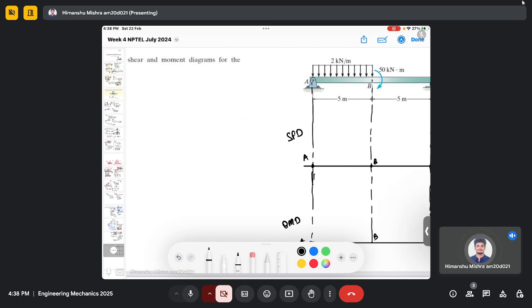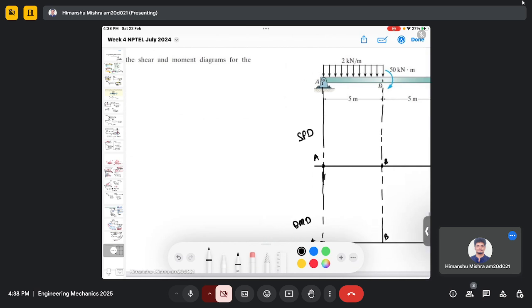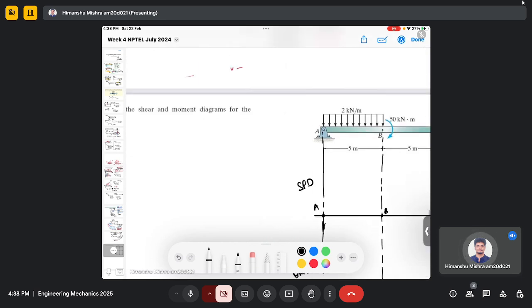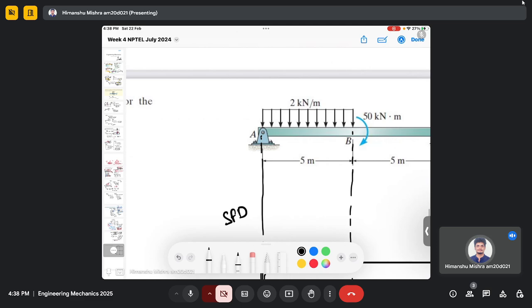So as usual, we will try to calculate the moment first. For that we need the equivalent point loading here. So it will be the area of this distributed load. So it will be 10 kilonewton, and this will be 2.5 meter from here.